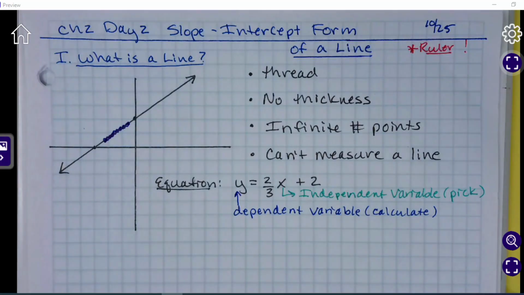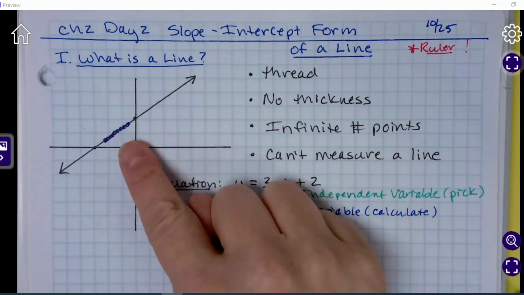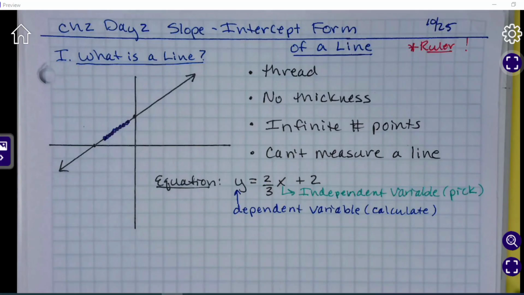How many? Infinite, because those points can be any distance apart. They can be 0.5 apart, 0.2, 0.225, 0.1, 0.0005. They're super close together. So when we're talking about lines, you have to think of it as a collection of points.